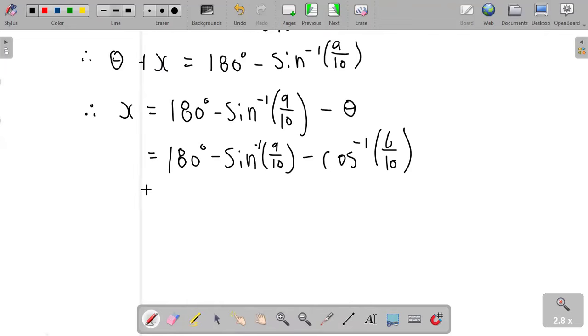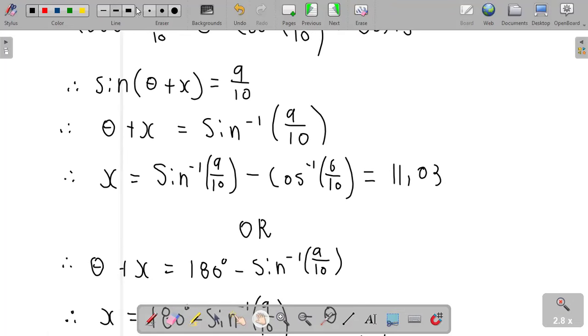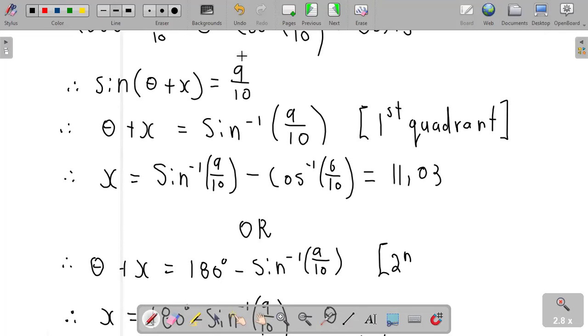So guys, I hope you are following here, because I'm just getting these values from the top. We have two answers here. This one is from the first quadrant, and the other answer, where we say or, is from the second quadrant, because that's where sine is positive.